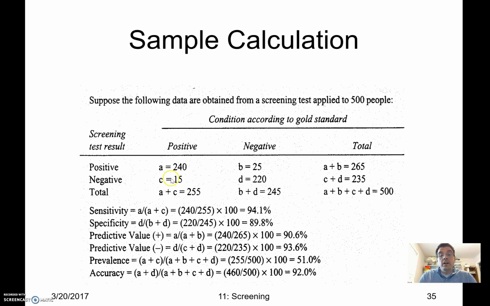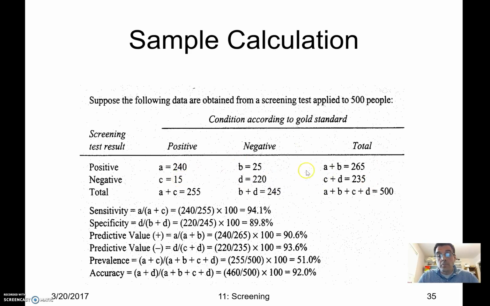So for example here, they're trying to determine how valid a particular screening test is on 500 individuals, and they're comparing it to the gold standard with these 500 individuals. With this new screening test, they found that 200 individuals came up positive with the screening test and actually had the disease when compared to the gold standard, while 15 individuals tested negative with this screening test when they actually did have the disease.